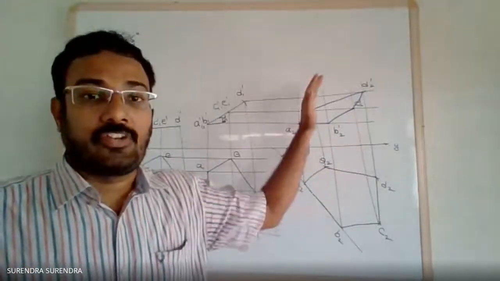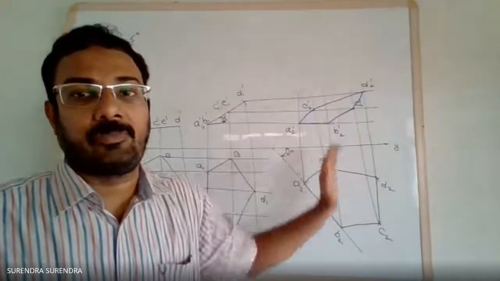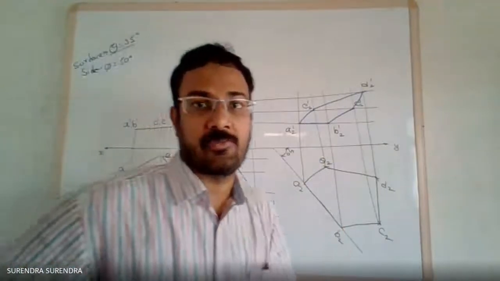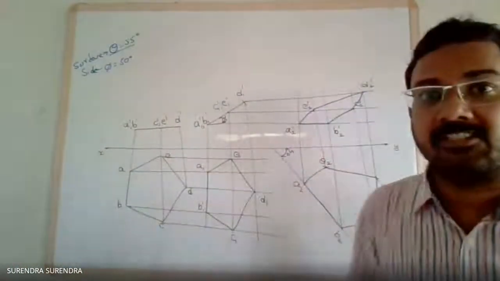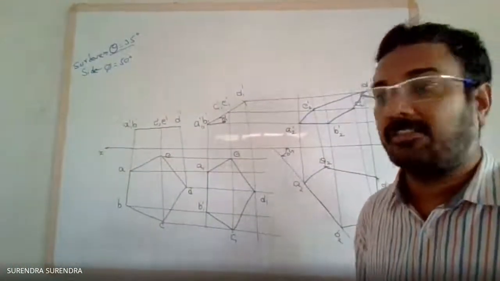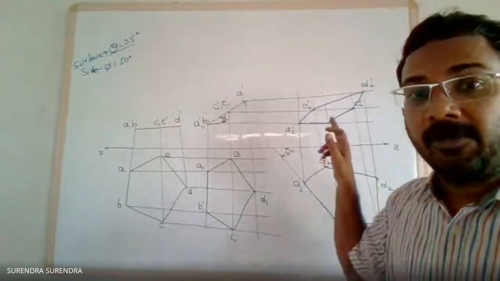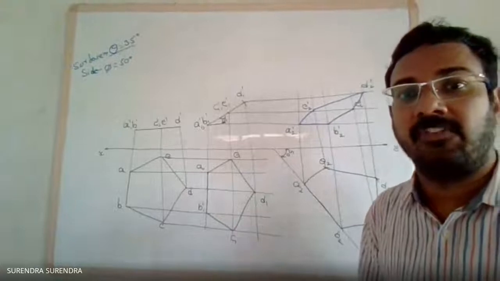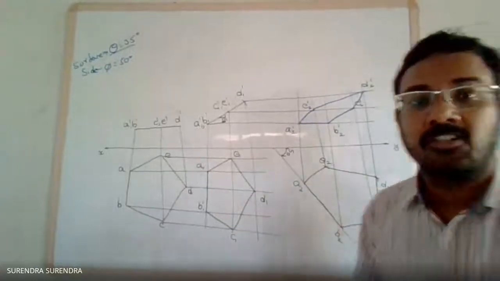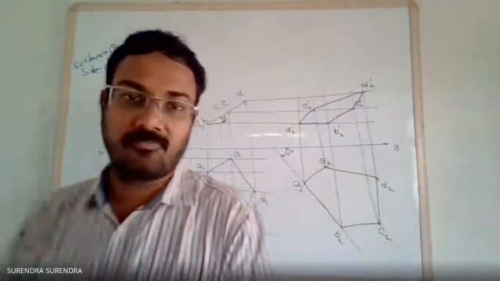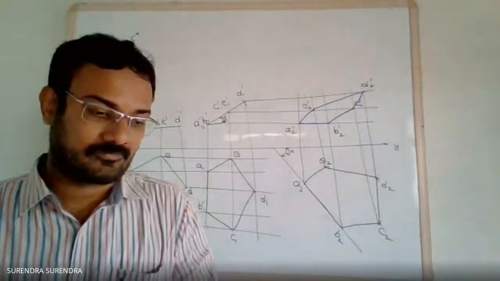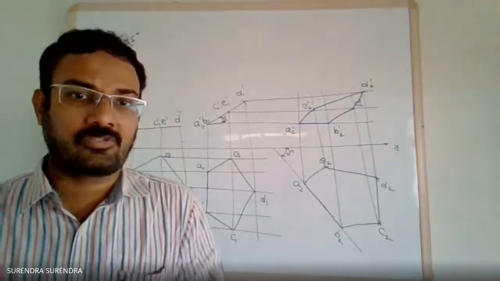The pentagon in front view and the pentagon in top view must be highlighted with HB, and the construction lines must be drawn with a 2H pencil, especially these parallel lines and lines perpendicular to the XY line. And coming to dimensions, only 2 dimensions.